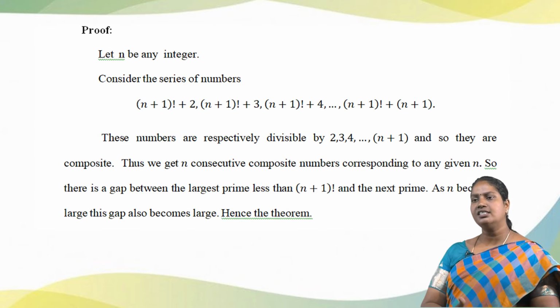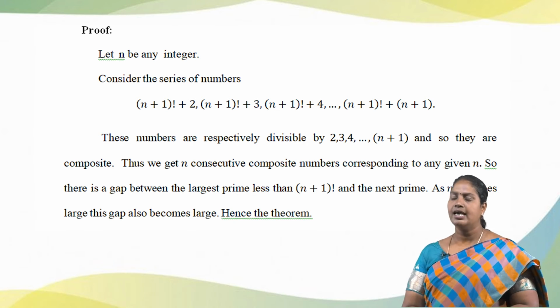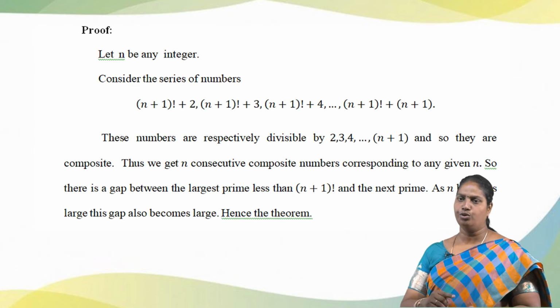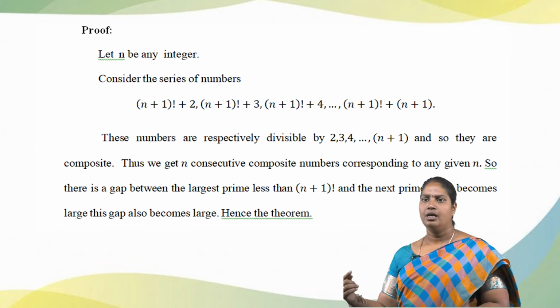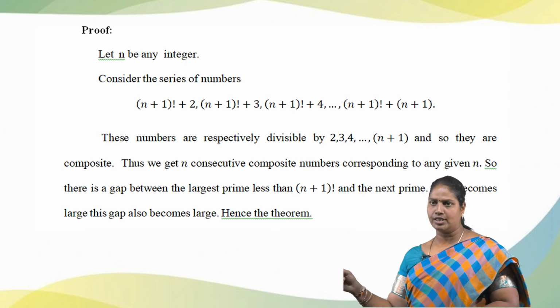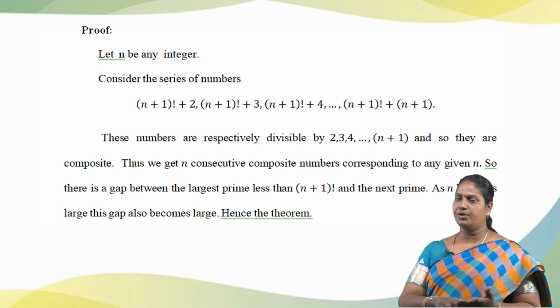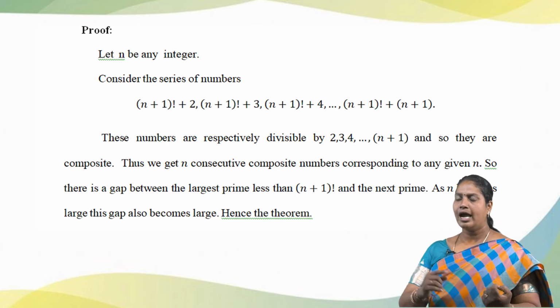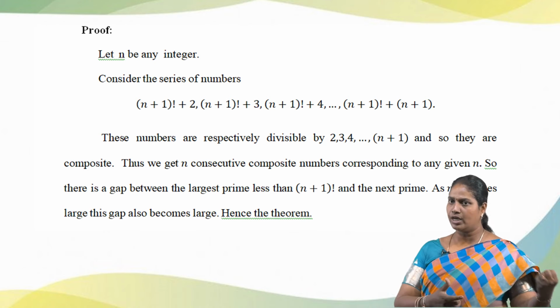Why are we saying that these are composite numbers? Because n factorial is nothing but 1 into 2 into 3 up to n, and (n plus 1) factorial is nothing but 1 into 2 into 3 and so on up to n plus 1. So in the expression (n plus 1) factorial plus 2, there is a 2 in the factorial and a 2 in the added term, so we can take 2 as common.